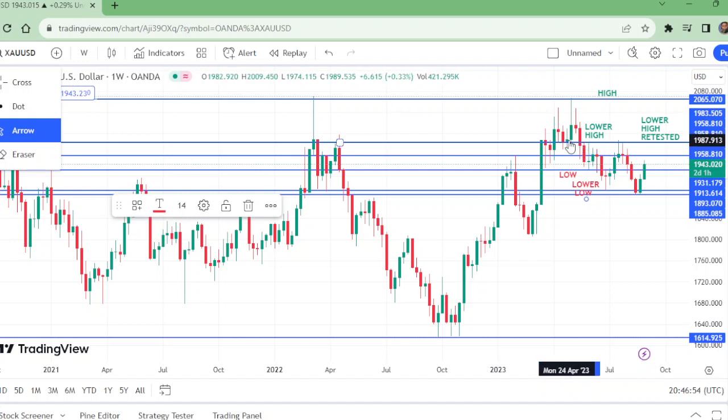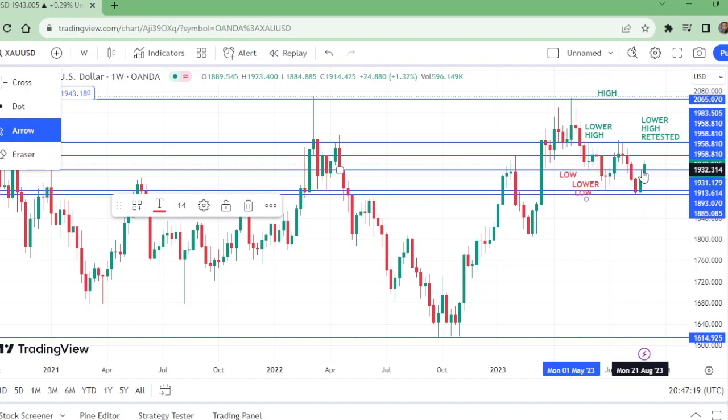After retesting this lower high, it came down and broke this previous lower low, and this is the new recent lower low. So on the weekly time frame, the market is in a downward trend.